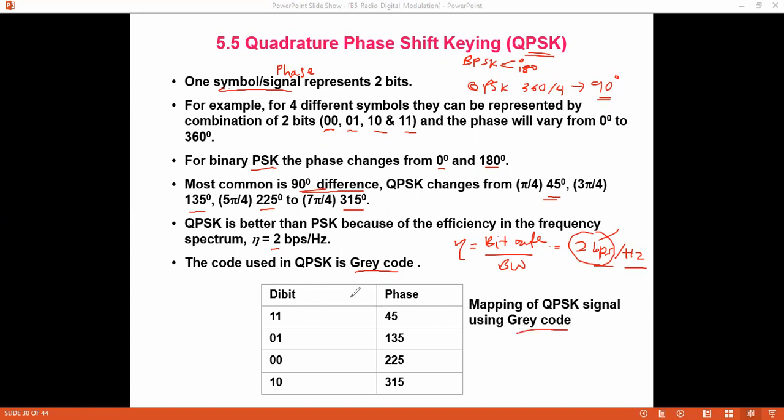The 45 degree phase is mapped to bits 11, 135 degrees to 01, 225 degrees to 00, and 315 degrees to 10. If you notice, between neighboring symbols, only 1 bit changes. I'll show this in our next slide.